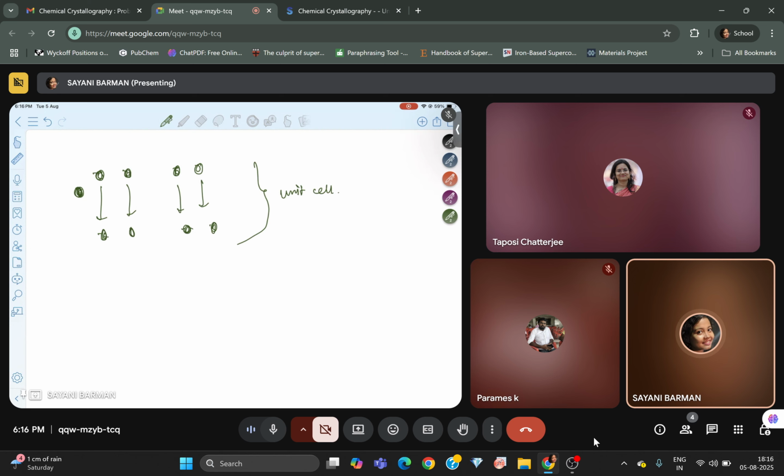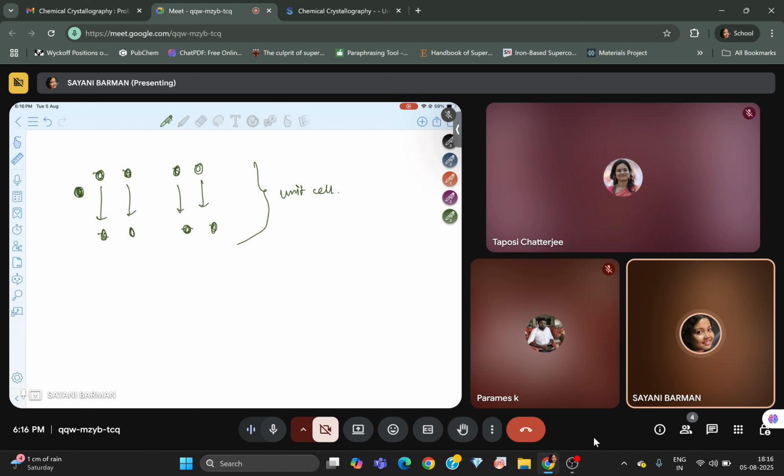Those are three-dimensional crystal structures, whereas for two-dimensional crystal systems, I mentioned there are four types: oblique, rectangular, hexagonal, and square.